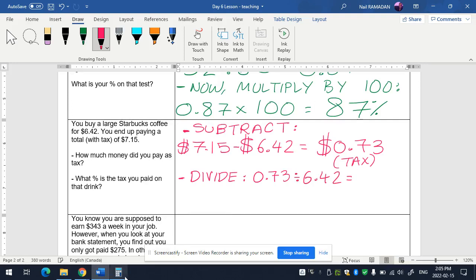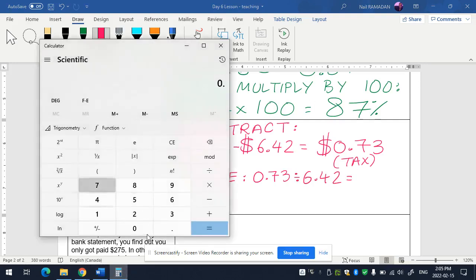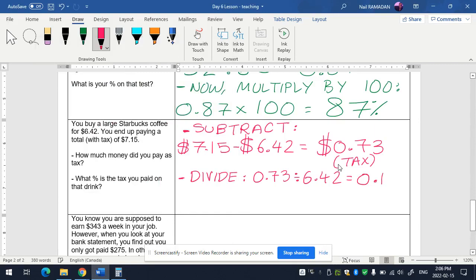I actually don't remember if I made the question such that it comes out as 13%. But let's see. Okay, everyone ready? It did not come out to 13. It came out to 0.113, not 0.13. That's fine. So basically 0.11. And then what do you do with this number?